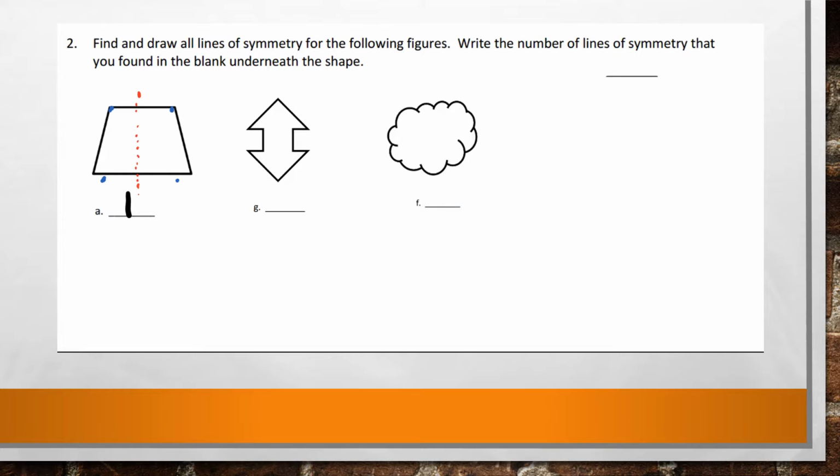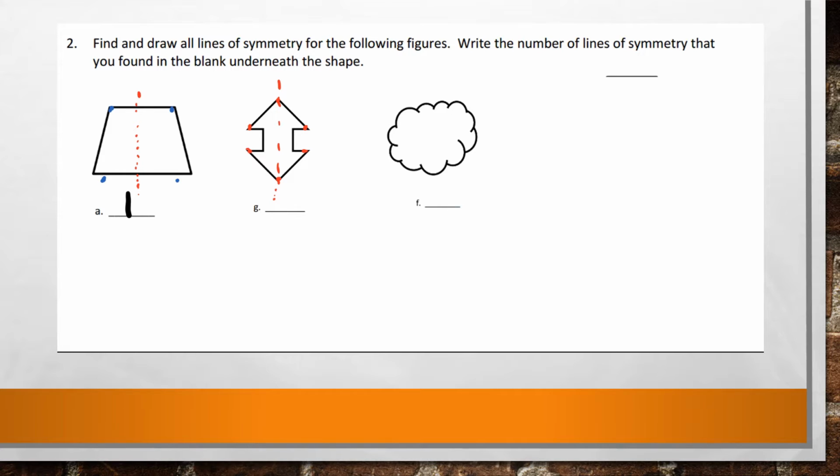If we look at the arrow, again, I'm going to match up the points. If I go vertically up and down, would the top point match the bottom? Yes, it would. Would the side points match? Yes. So I know there's a line of symmetry down the center.